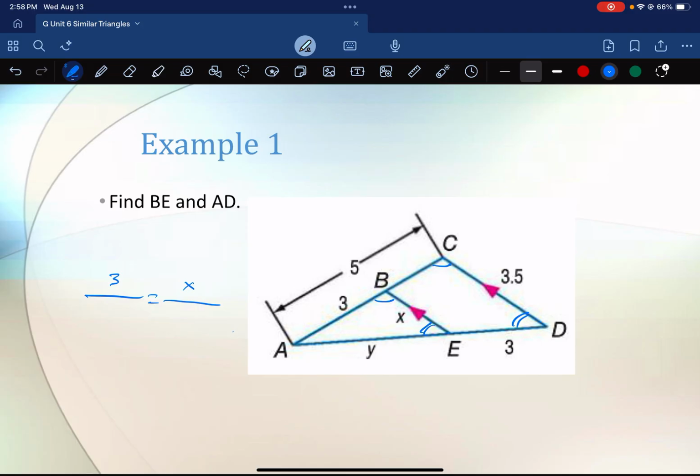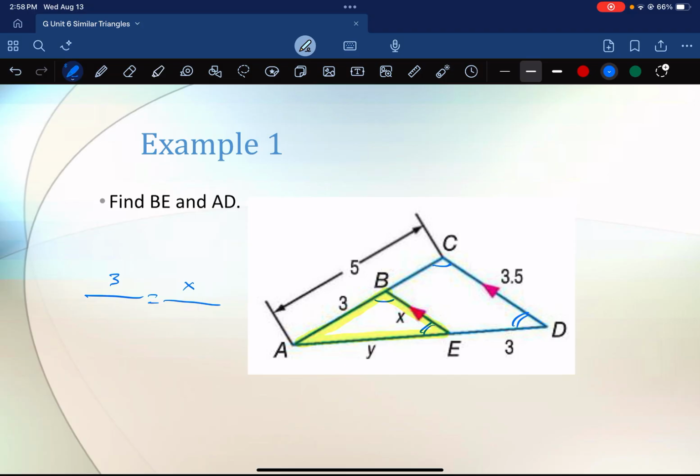When I say small triangle, I just looked at this triangle here. I said, let's use 3 and x, because in a proportion, you have to use a value you know to find a value you don't know. I couldn't use y and x in the same proportion, because then I'd have two variables in there and wouldn't be able to solve it.